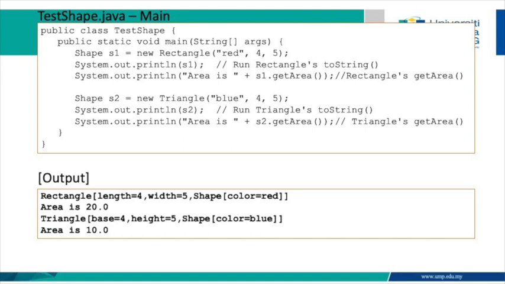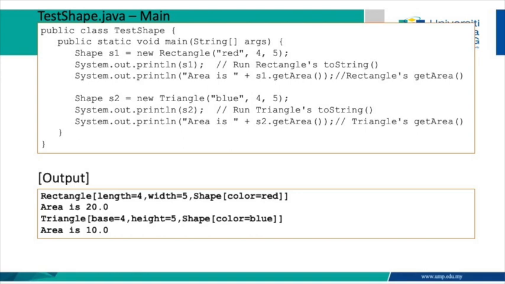In System.out.println for shape 1, area is s1.getArea. Since we already declared shape 1 as a new Rectangle, it will redirect and get the information from the getArea method in the Rectangle class.